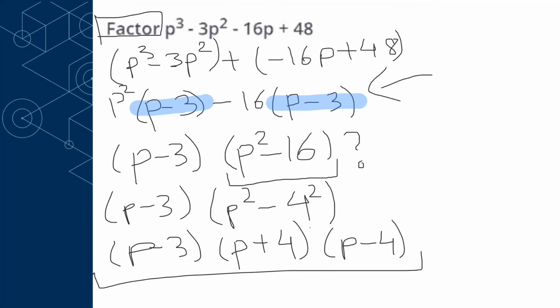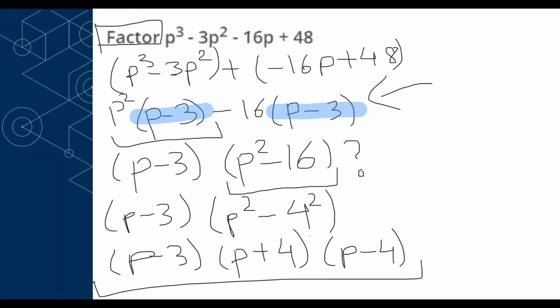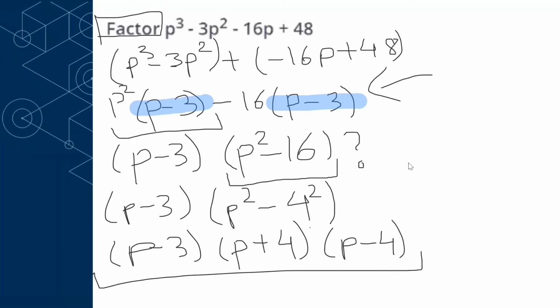You figured out the GCF, you worked your way through the first group, you figured out the GCF, divided each of the terms, got it. But then you had to figure out the GCF of 16 and 48. If you could not figure that out off the top of your head, you could do this. So you already know that you have 3 as your factor for the first group.